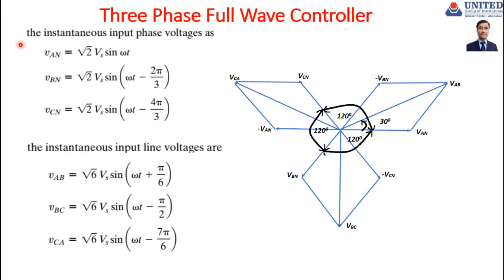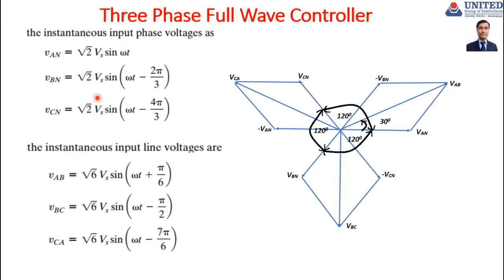So we can write the instantaneous input phase voltage as VAN equals root 2 Vs sin omega t. The phase voltage VBN equals root 2 Vs sin(omega t minus 2 pi by 3), and VCN equals root 2 Vs sin(omega t minus 4 pi by 3), where Vs is the RMS value of the phase voltage.